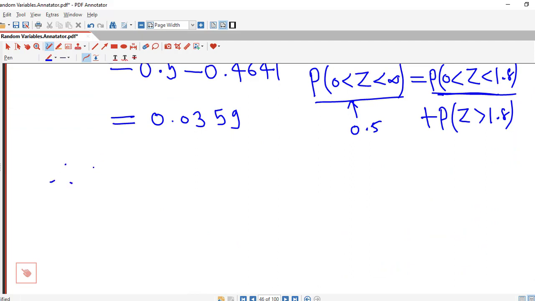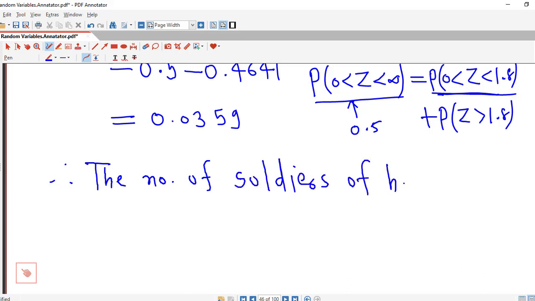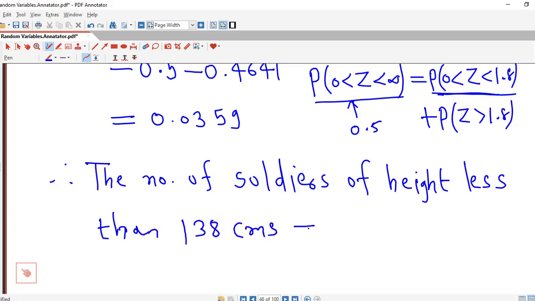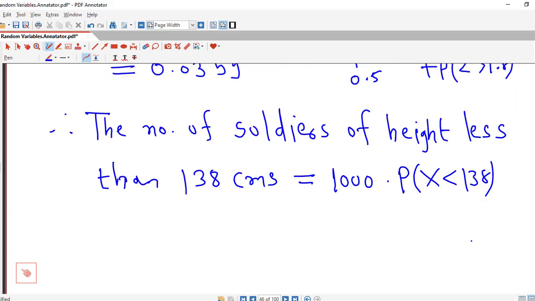So therefore the number of soldiers of height less than 138 centimeters will be equal to the total number of soldiers times this probability that x is less than 138 centimeters.